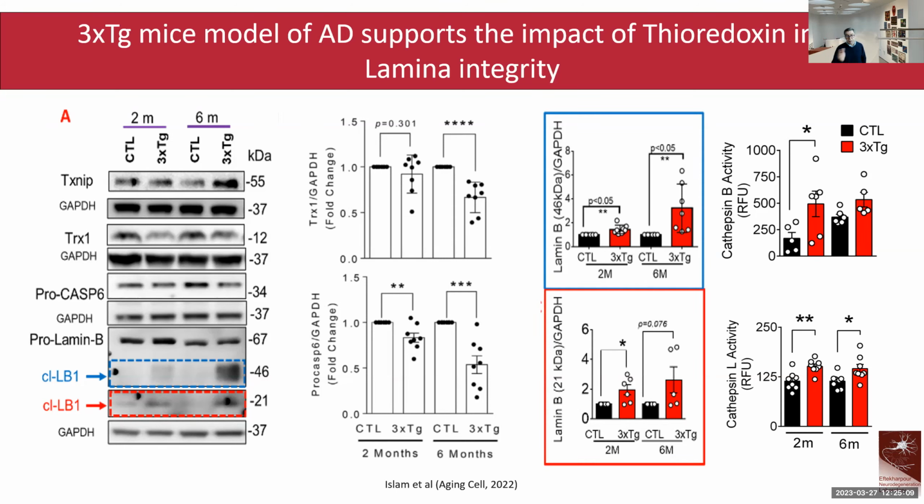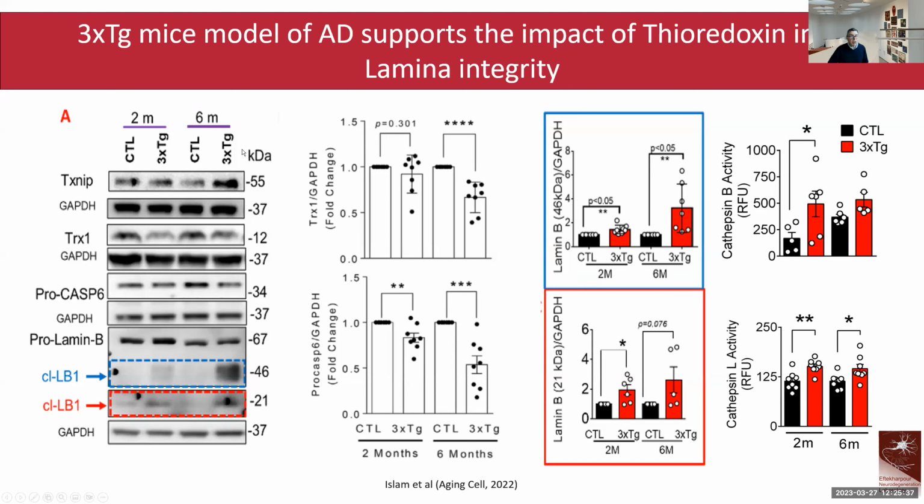In this paper that was just recently published, we have used purified proteins and looked at the pattern of cleavage between caspase-6 and cathepsin L. And we see that they are completely two different proteins, but both of them work on lamin B1. So we don't know the importance of this, but basically this is what we are seeing.